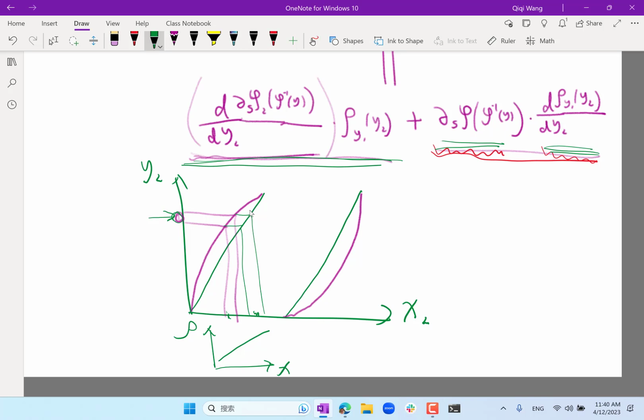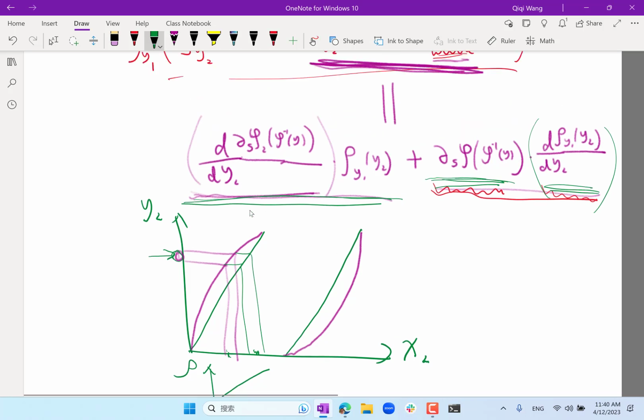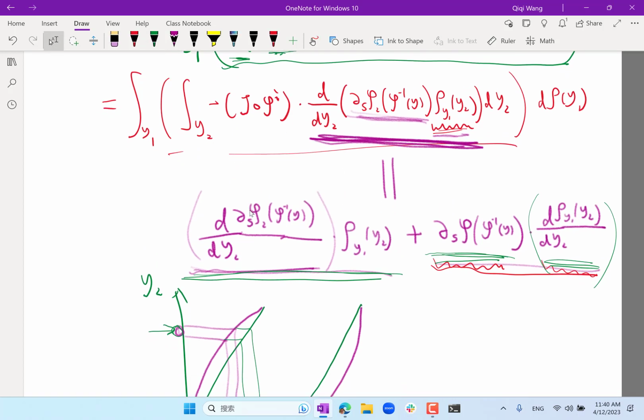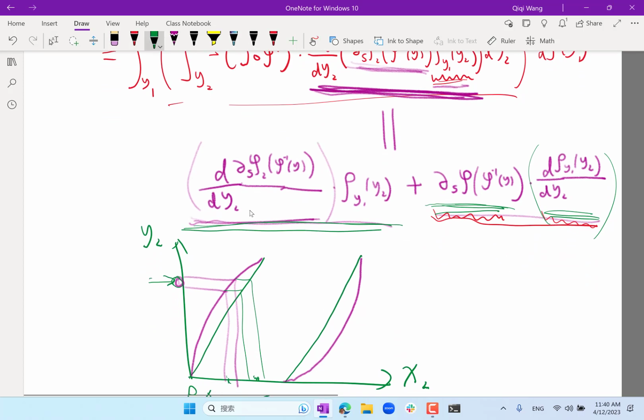So the density derivative would be positive, and multiplied with the positive shift, we would get a positive contribution, which, taking into consideration the negative sign, means we get a lower density at the same y location. So these two terms: one represents the effect of a changing slope. The other represents a changing value, which leads to a shift in the location of the map.